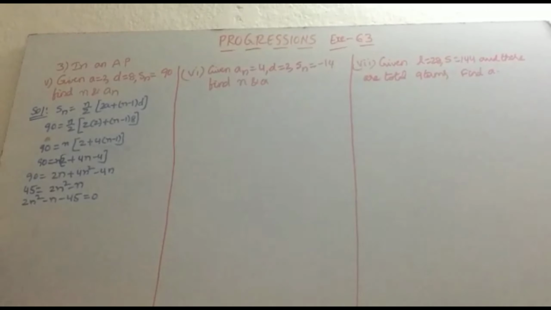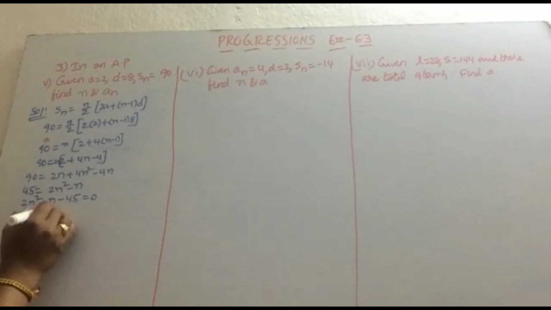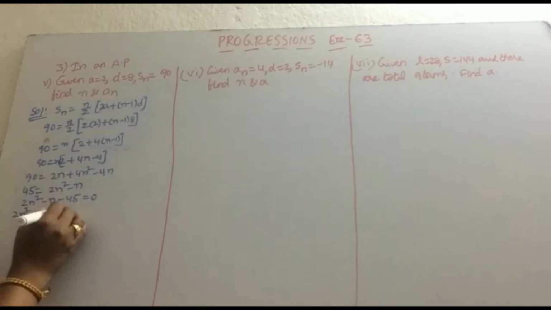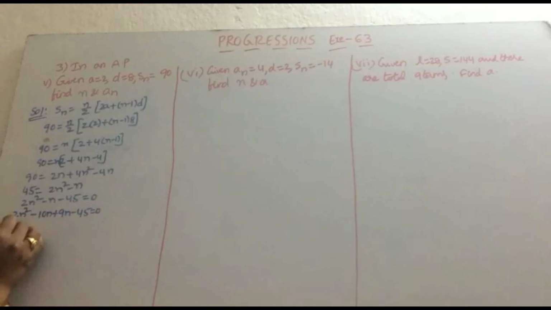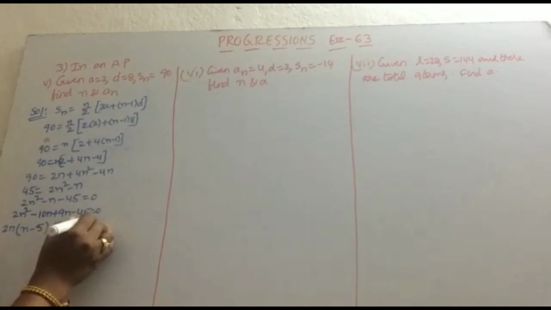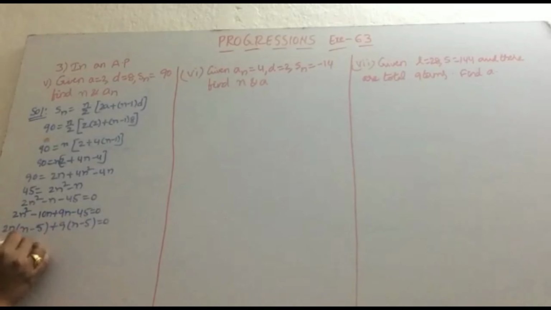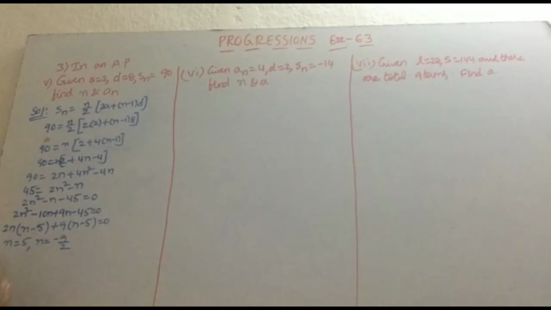2n square minus n minus 45 is equal to 0. So now we will find the factors. 2n square minus 10n plus 9n minus 45 is equal to 0. So 2n common, n minus 5, plus 9 common, n minus 5. So n is equal to 5, n is equal to minus 9 by 2. But we will take n is equal to 5 only.